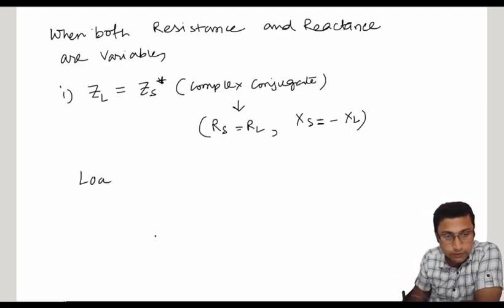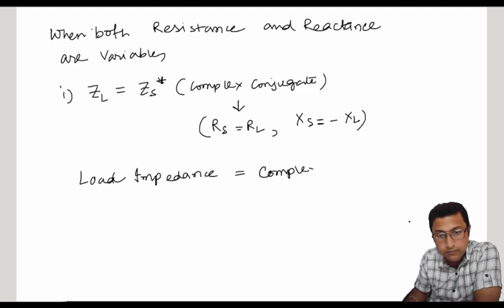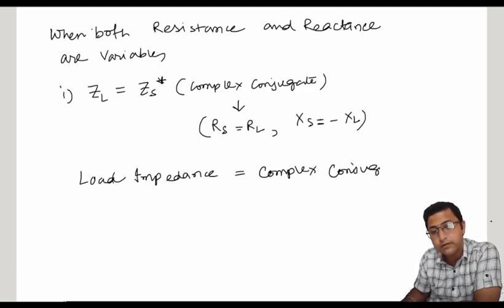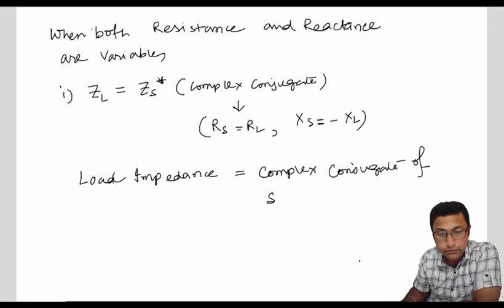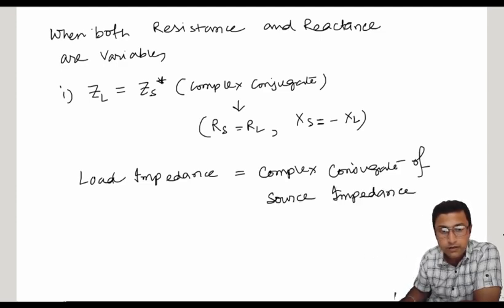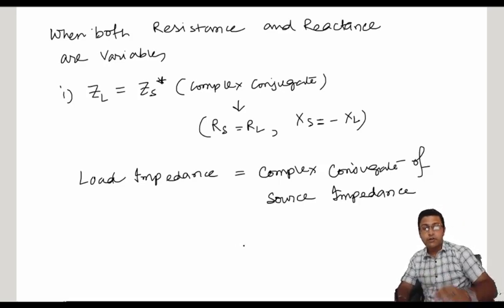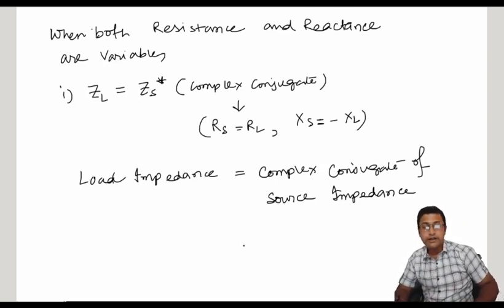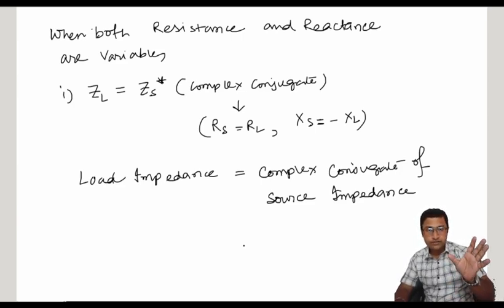It means that load impedance is equal to the complex conjugate of source impedance. So it is the final criterion for the maximum power transfer theorem using an AC supply voltage. By combining the two cases, load resistance variable and load reactance variable, we can achieve the final criterion for the maximum power transfer theorem.